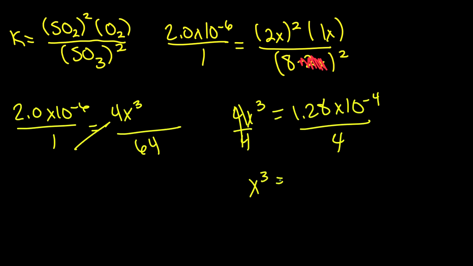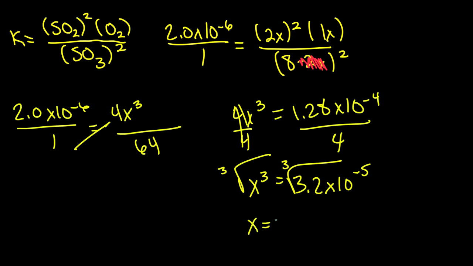X cubed equals 3.2 times 10 to the negative 5th. Take the cube root of both sides, and I get 0.032. So our x is 0.032.